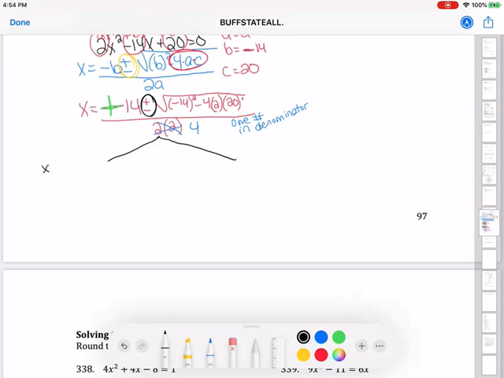The first one is going to be x equals 14 plus the square root of that whole thing, negative 14 squared minus 4 times 2 times 20, all over 4. Then your other answer is going to be 14 minus the square root of blah, blah, blah. Same thing all over again, just copying it down exactly how I see it.